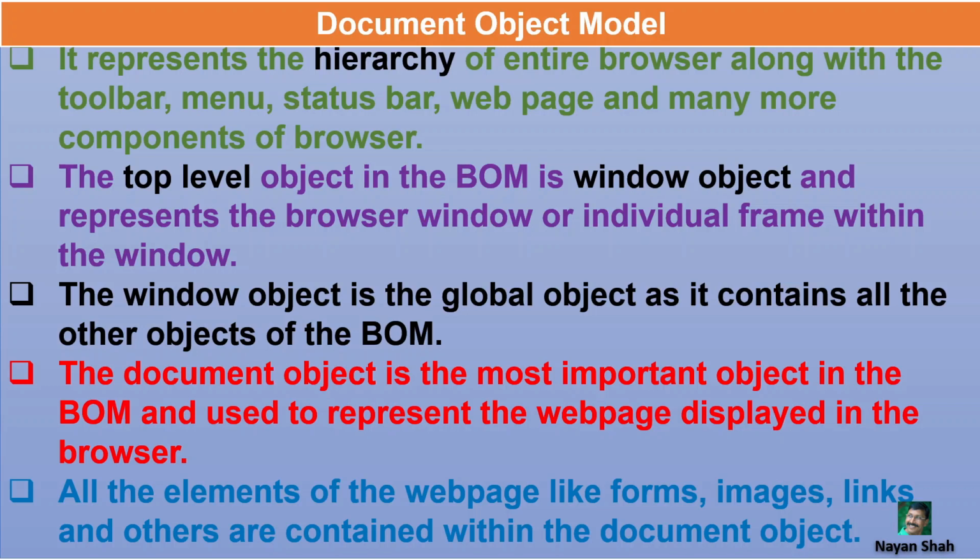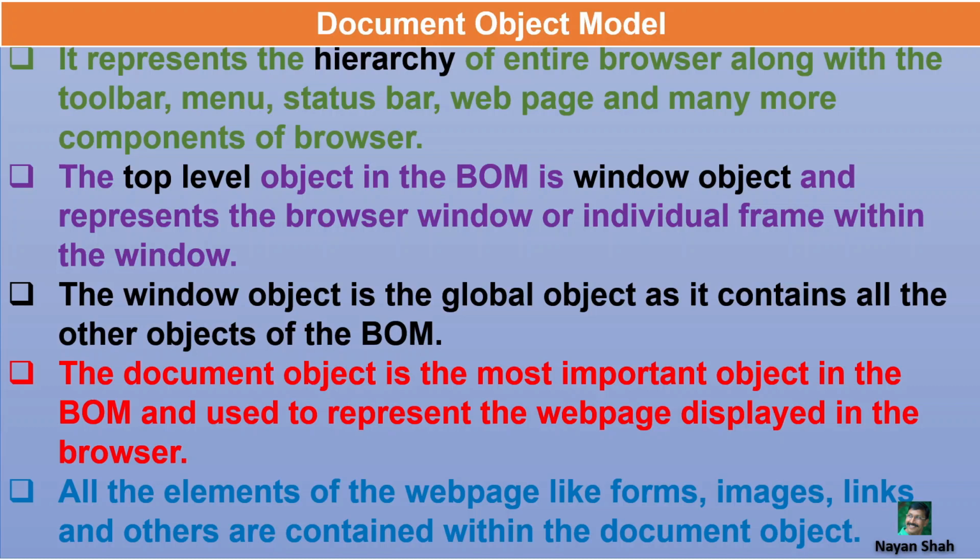Window will be there, then only there will be document. So on the top is the window object, and then under the window object you will have the browser object model.